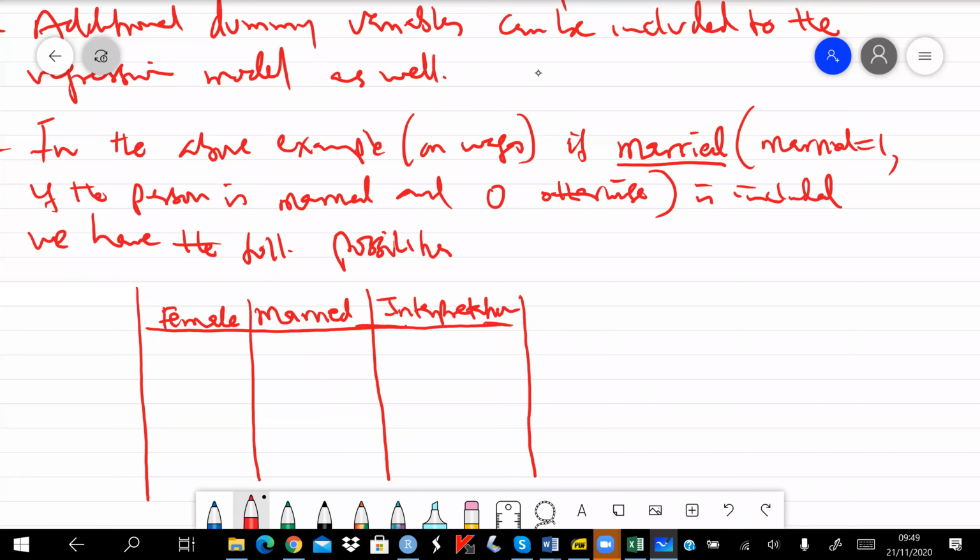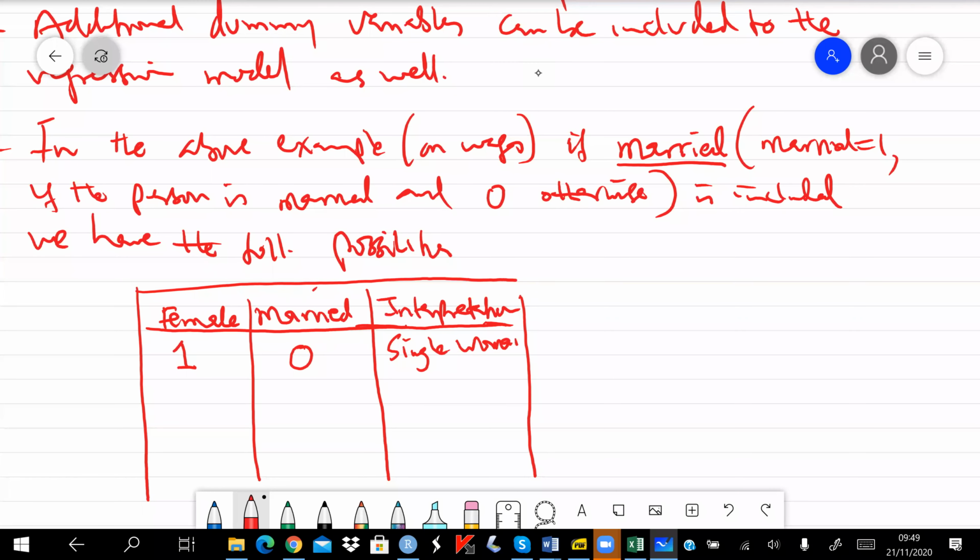If we have a 1 here, that means the person is female. It is possible we can have a female who is not married. So this is the same as a single woman, not married, single woman.